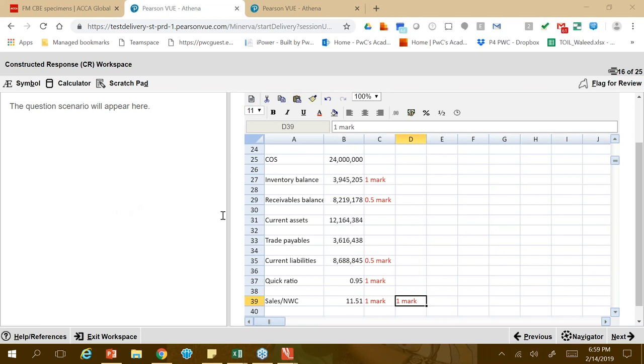What can be a reasonable ratio figure for quick and current ratios? Well, I think you are trying to find the standard. I would say a standard is 2 to 1 for the current ratio, because sometimes I hear students saying a reasonable current ratio is 1 to 1. Well, if it's 1 to 1, that means all your current assets are basically pledged to current liabilities, and you don't have anything to run the business.